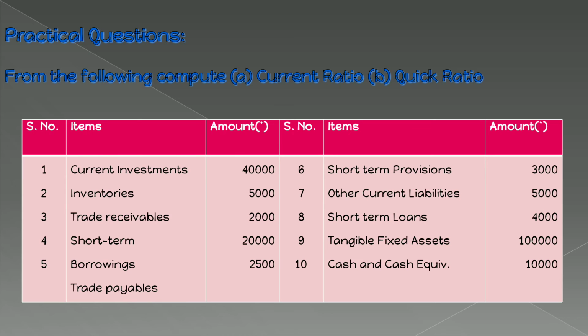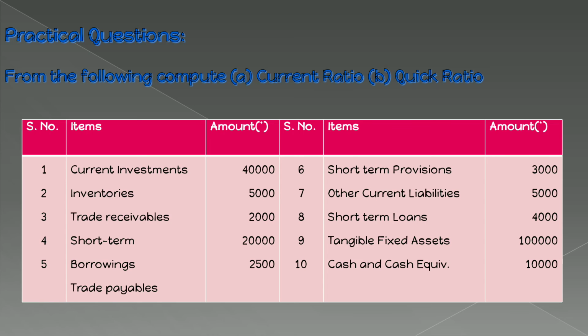Tangible fixed assets are not current assets, they are non-current assets, so they will not be included. Cash and cash equivalent, yes, they will be included. So these are the five items we take for finding the amount of current assets.